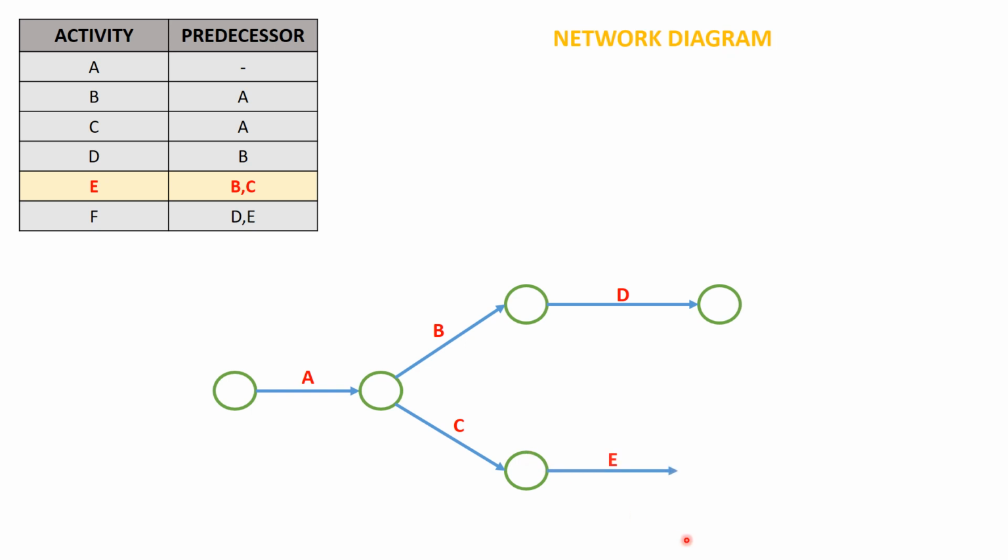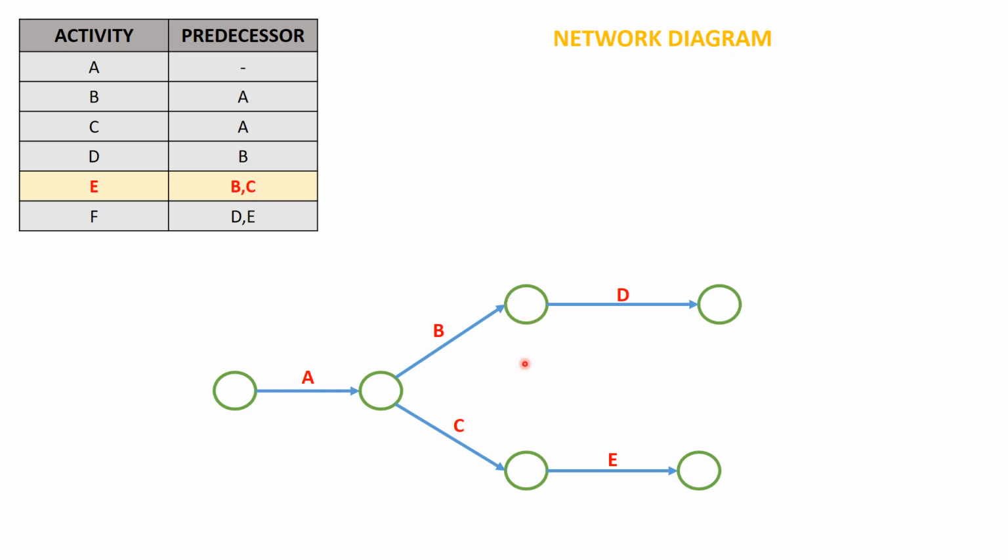So for example, if I draw activity E something like this, what is going to happen? If you look at the network diagram, activity E has only activity C as a predecessor, because at this event where activity E is starting, only activity C is coming onto this event or node. Whereas in order to start activity E, B and C both should be completed.